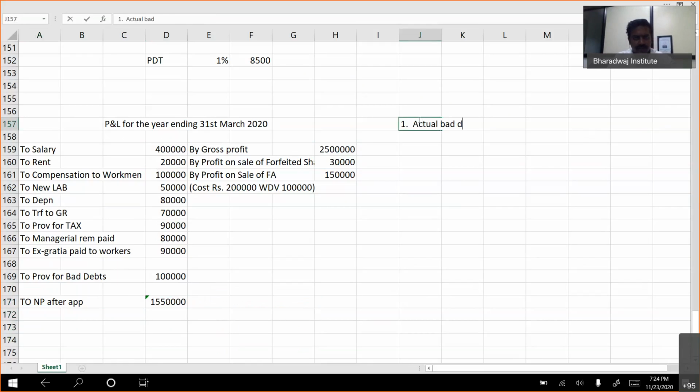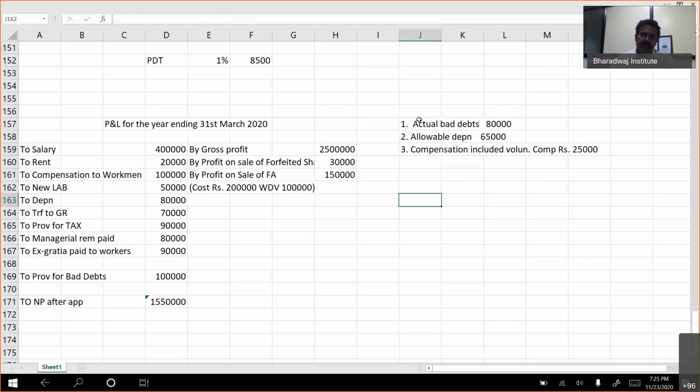Adjustment number 1: actual bad debts 80,000. Allowable depreciation 65,000. Compensation includes voluntary compensation of rupees 25,000. That's it.